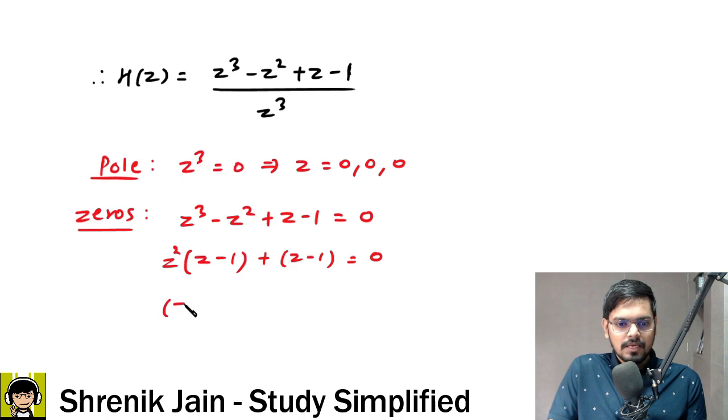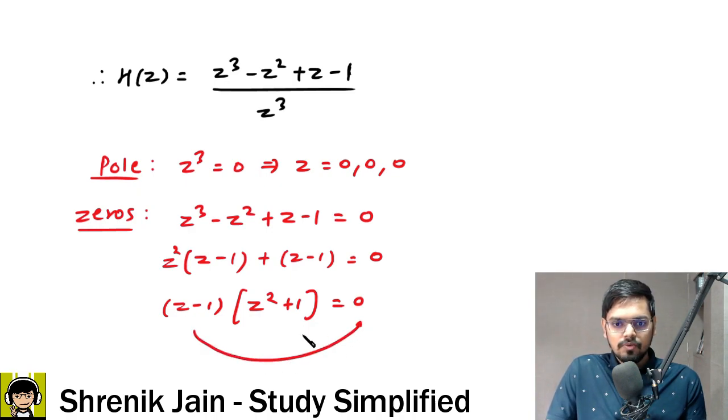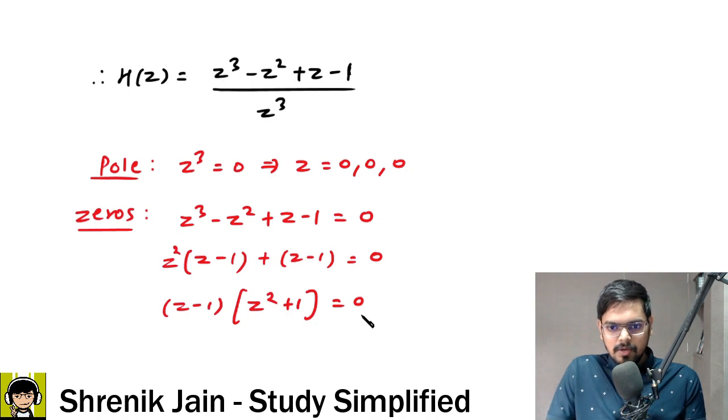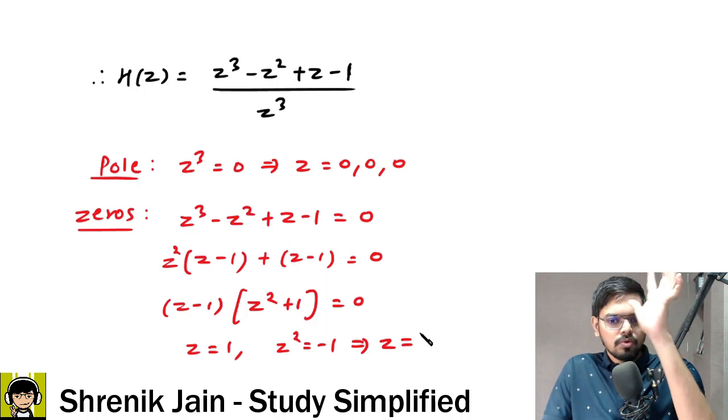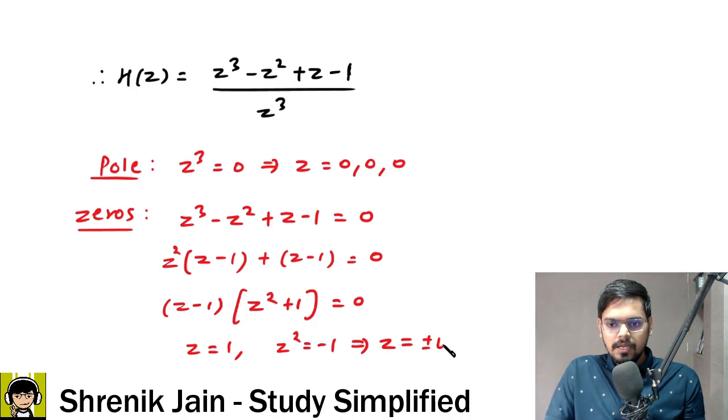Common factors, z minus 1 taken outside, the uncommons are inside, and now you will say this is equated to 0 and then this is equated to 0. So when z minus 1 equated to 0, z is equal to 1. When z square plus 1 is equated to 0, z square is equal to minus 1, which indicates z is equal to plus minus root minus 1, which is plus minus iota. Agreed? Then do let me know in the comment section.